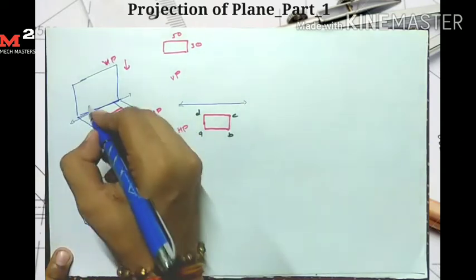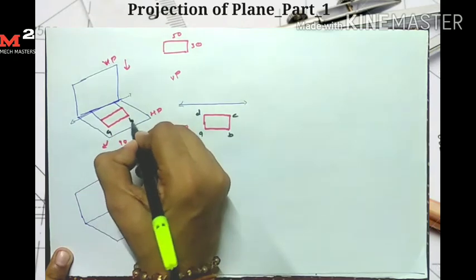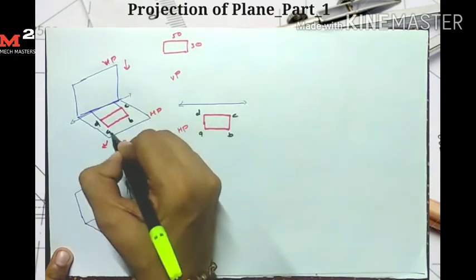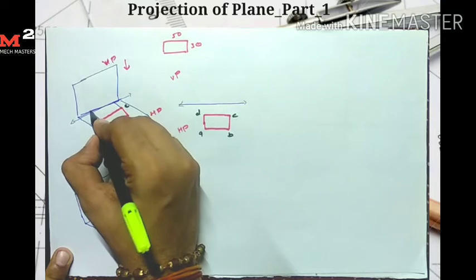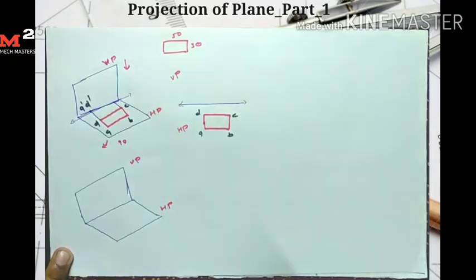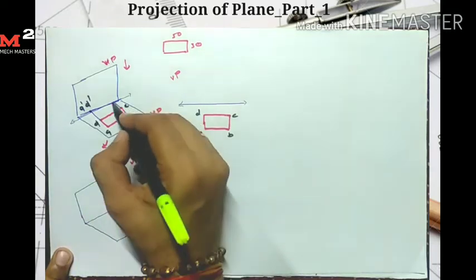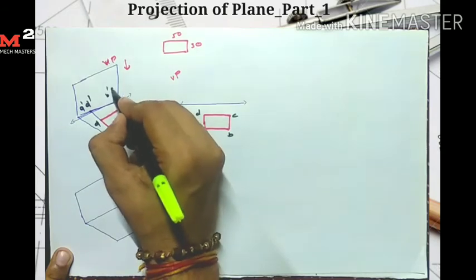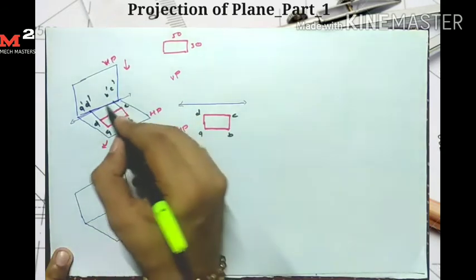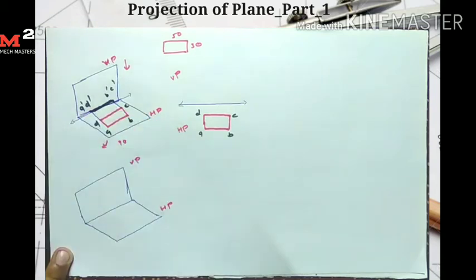A and D I get here, A dash and D dash. I indicate by dash because it indicates my front view. Then B and C I get here, B dash and C dash. This is my front view for this plane when it's resting on the horizontal plane.